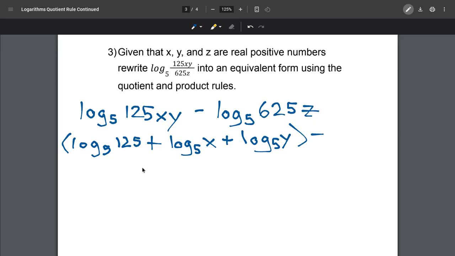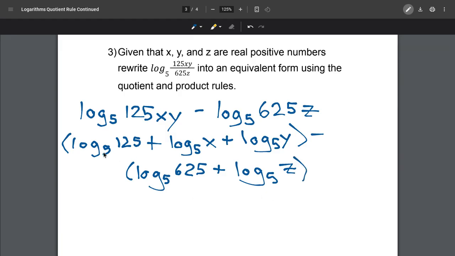And we're going to subtract off, let's just bring the parentheses down here, log base 5 of 625 plus log base 5 of z.